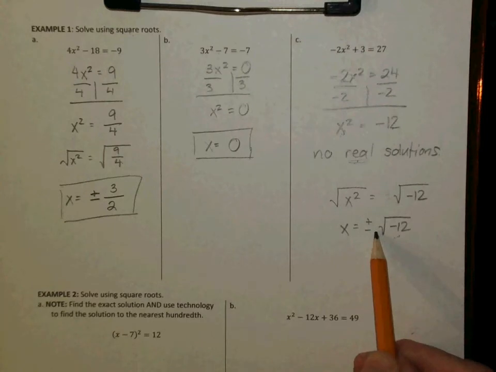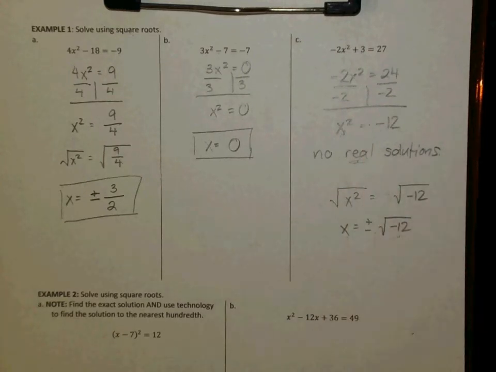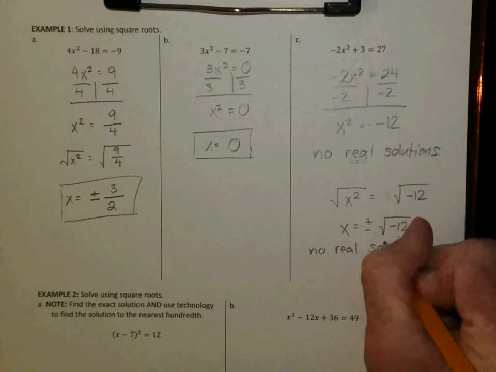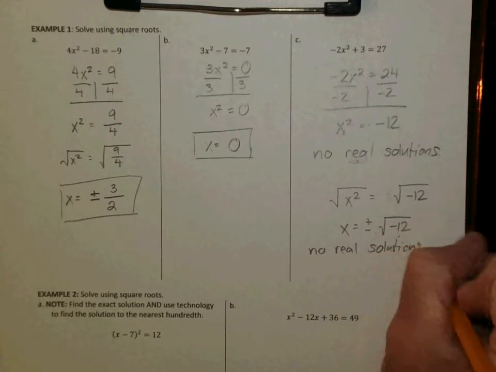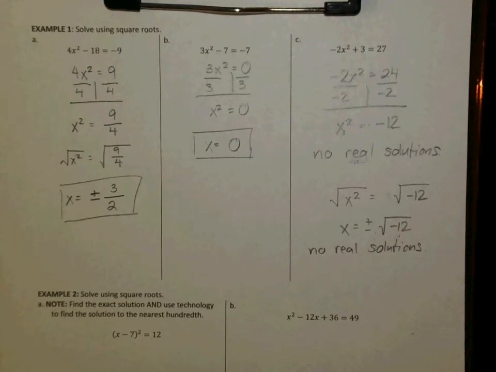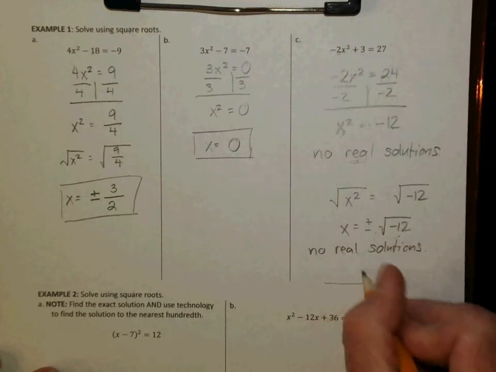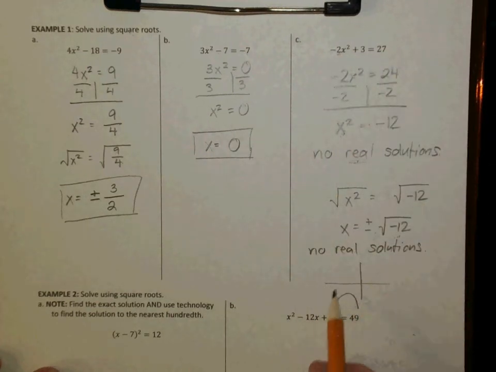This has no real solutions. So you could write it here. No real solutions. If we actually graph this, the parabola is opening down. The parabola would actually never touch the x-axis because it has no real solutions.